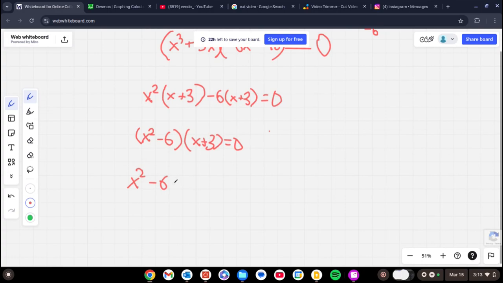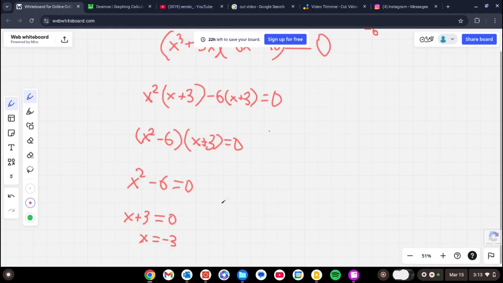So this is x squared minus 6 equals 0. Then x plus 3 equals 0. This one I've gone over a million times, so now it's obvious. You can say that this equals minus 3.